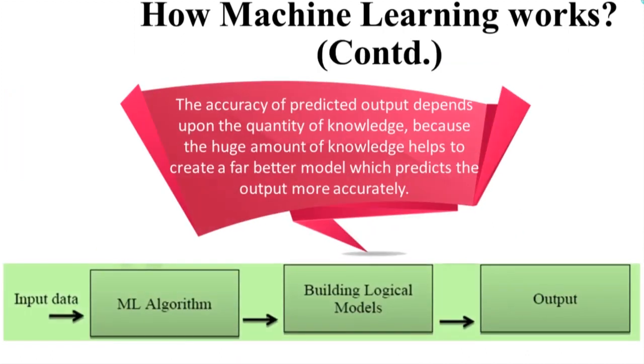The accuracy of predicted output depends upon the quantity of data, because a huge amount of data helps to create a better model which predicts the output more accurately.